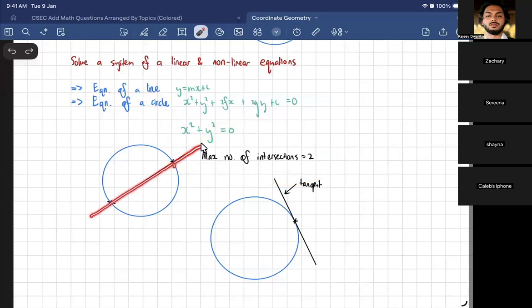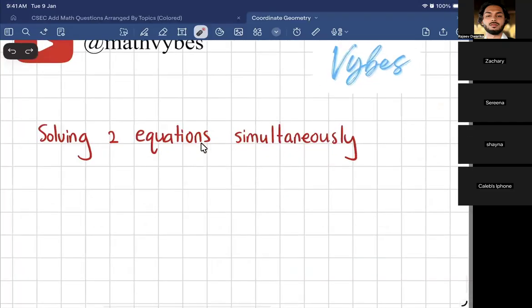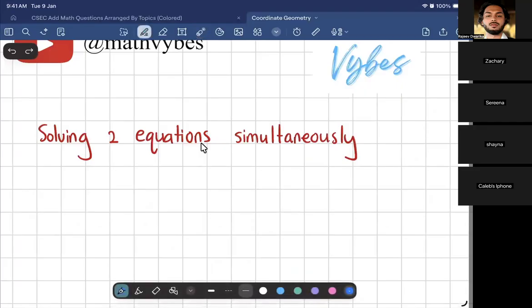Between the what and the what? The line and the circle. Yes. So anytime you're solving two equations simultaneously, what you are really finding is the points of intersection between the two graphs. You are finding the points of intersection.